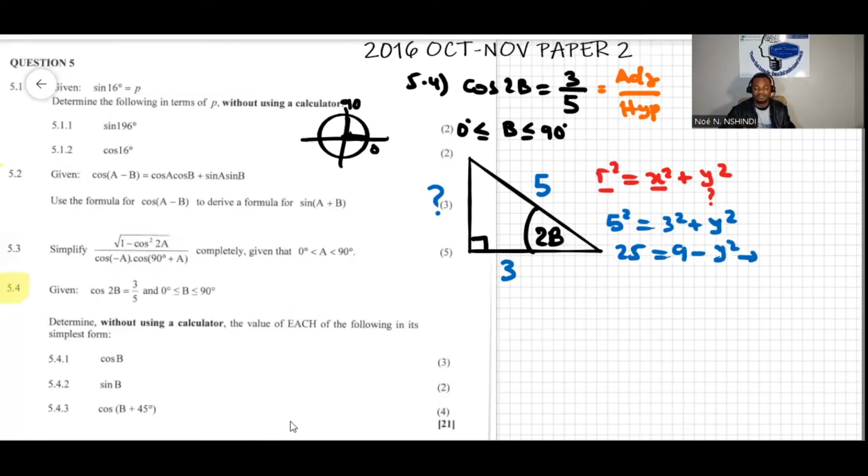So 25 equals 9 plus y squared. Moving the 9 over, 25 minus 9 equals y squared, so 16 equals y squared.